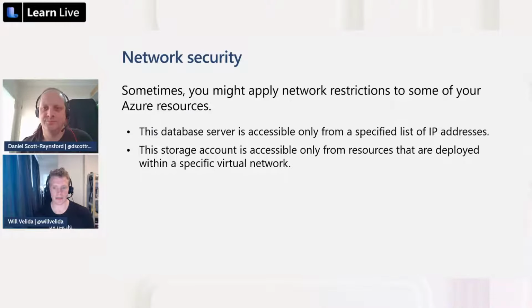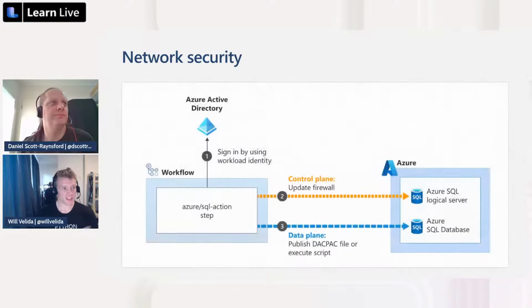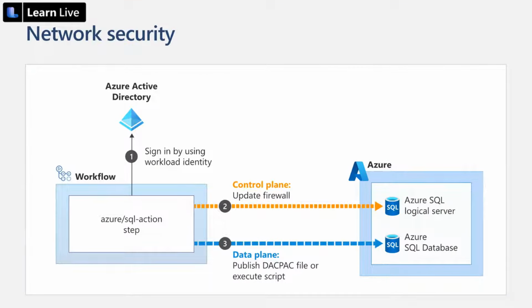If we go to the next slide, just trying to visualize this scenario. Here we're interacting with the data plane to publish our DAC pack file to execute a script. In situations where we have network requirements and restrictions, consider using a self-hosted runner. Essentially, self-hosted runners in GitHub run on virtual machines or other compute resources that you control.